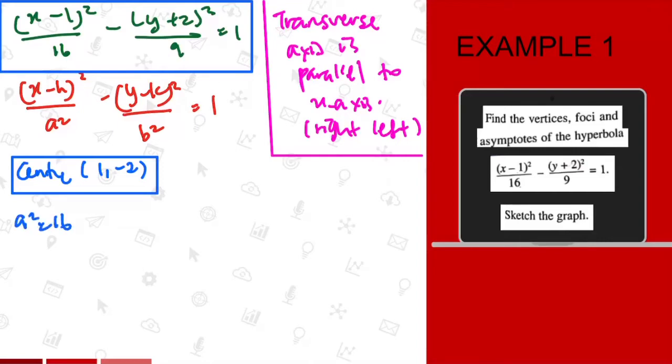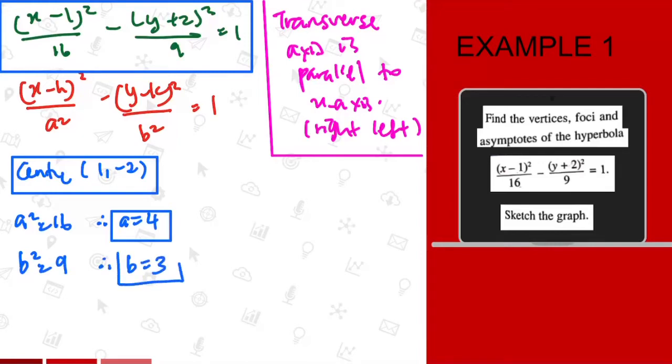Therefore, your a is equal to 4. So keep it. Next, let us compare our b squared. B squared is equal to 9. Therefore, our b is equal to 3.